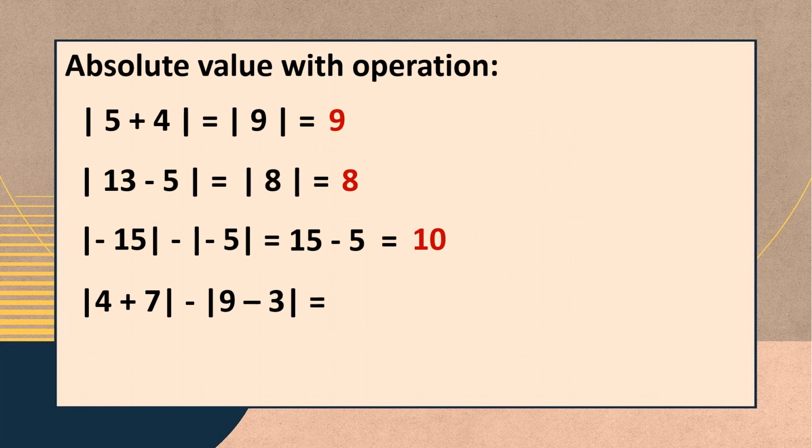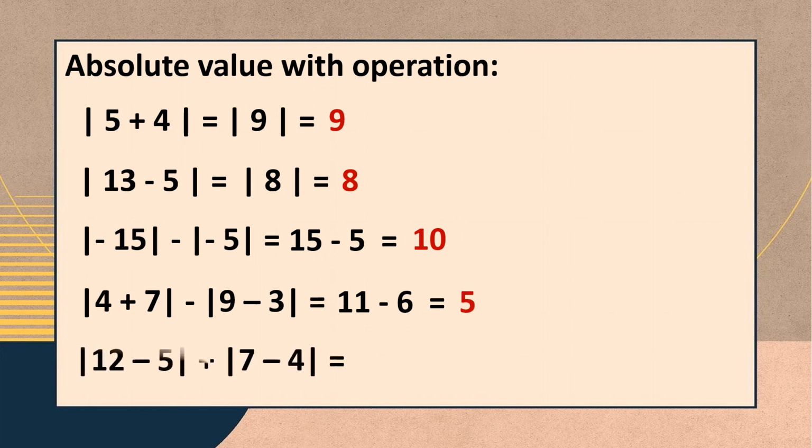Solve first absolute value of 4 plus 7. So we have absolute value of 11, that is equal to 11, and then absolute value of 9 minus 3. 9 minus 3, of course, is 6, and its absolute value is positive 6. So we have 11 minus 6, the answer is 5.